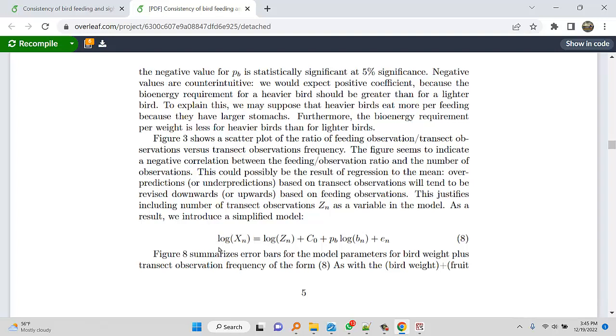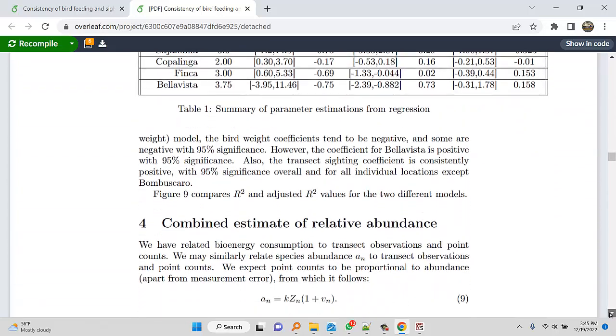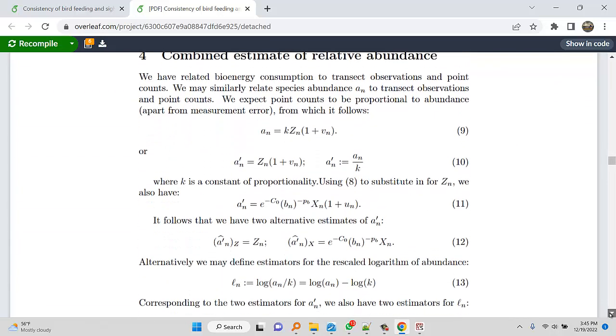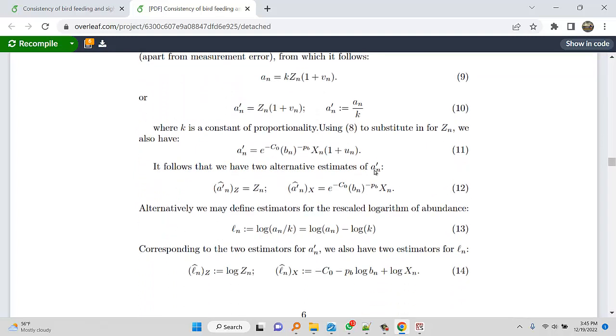So if I take the exponential of both sides and solve for zn, I get an expression for zn in terms of xn. And I get this alternative model of the relative abundance.